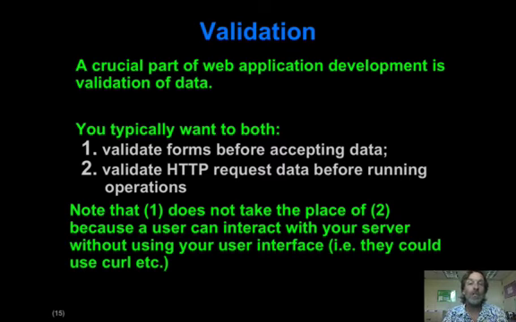So the typical place that you do validation is within these controller action methods. Since we're not doing views this week, we're not going to worry about number one, validating the forms on the client side. We're going to talk about validation in the controller, which is a good place because when you do the validation there, it doesn't matter what client the user was using to actually create that request. You're going to take care of it.